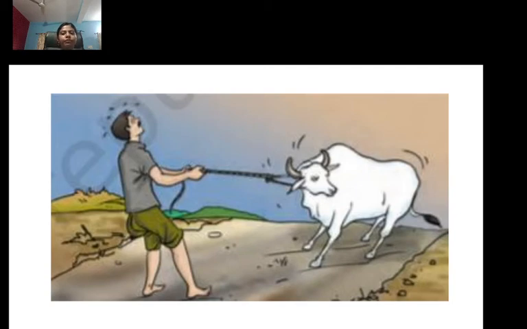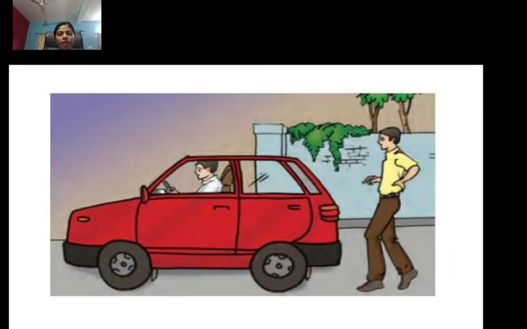So students, do you think that this car moves because of the presence of the man behind the car? Do you think so? No. Okay.